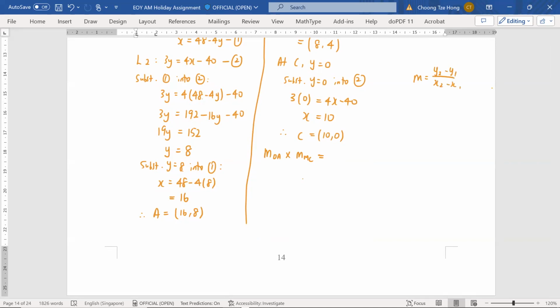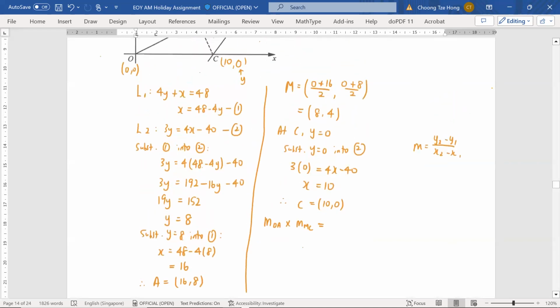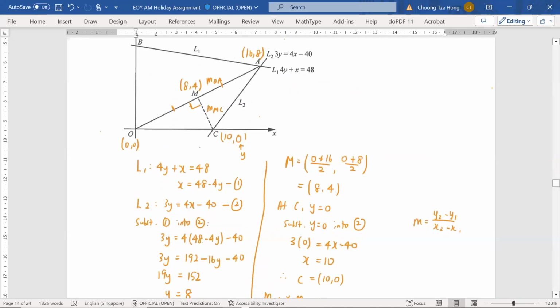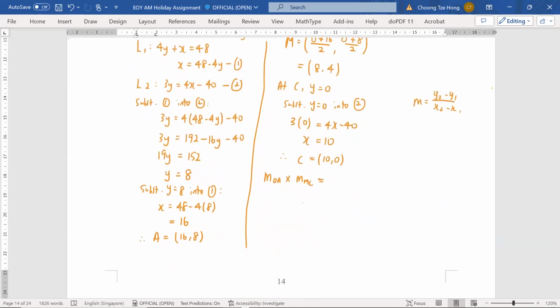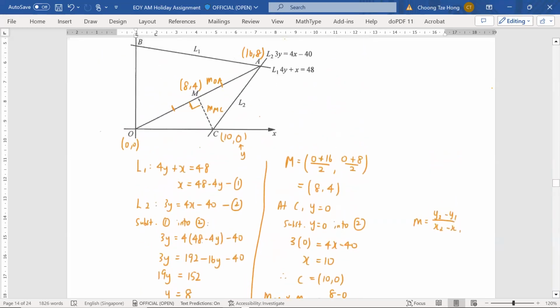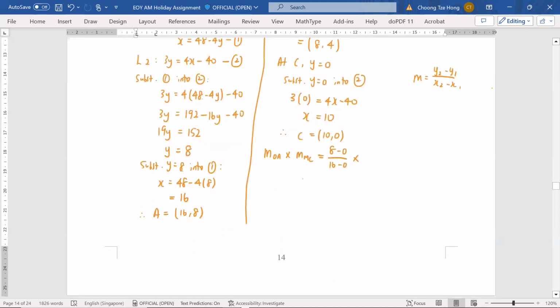For OA, we're going to use the coordinates of A and O. So (8 minus 0) over (16 minus 0), times the gradient of MC, which is (4 minus 0) over (8 minus 10).